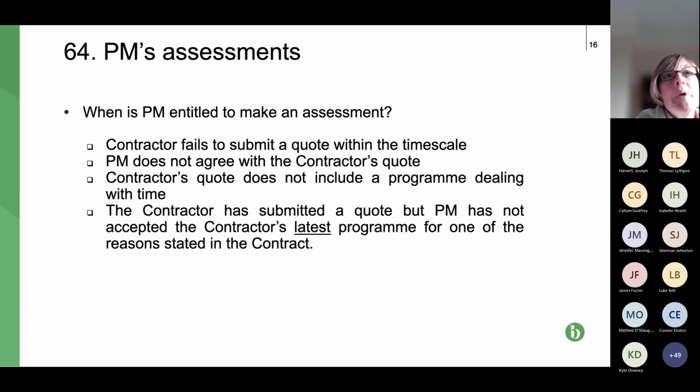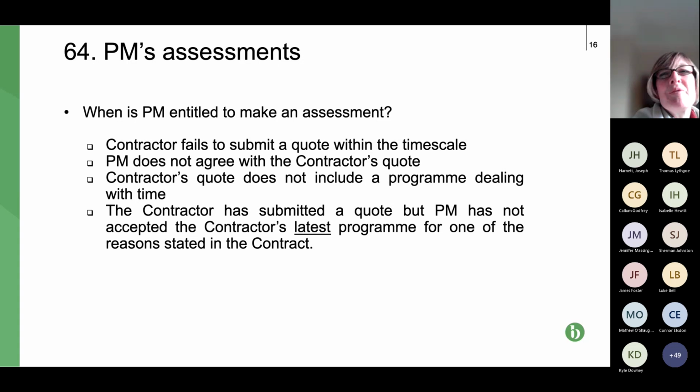Third, the contractor's quote doesn't include a programme dealing with time, so it claims the time but doesn't include the programme. And finally, the contractor submits a quote, but the project manager hasn't accepted the contractor's latest programme for one of the reasons stated in the contract.